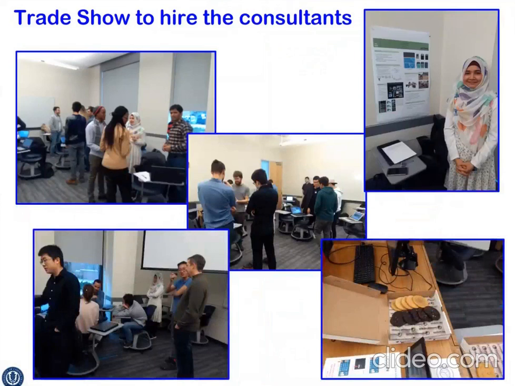The trade show is a day or a class when all the students come together to the class, and they're all both customers and consultants. The customers, half of the students with their problems in their hands, go around trying to find the right person to hire to analyze their samples. The other half of the students are consultants.